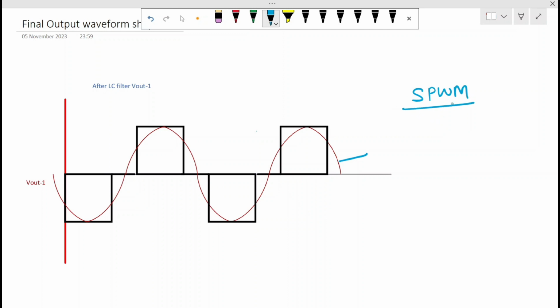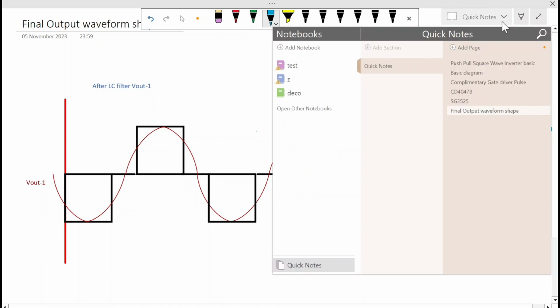Based on the SPWM signal, we will get the final output, a pure sine wave.